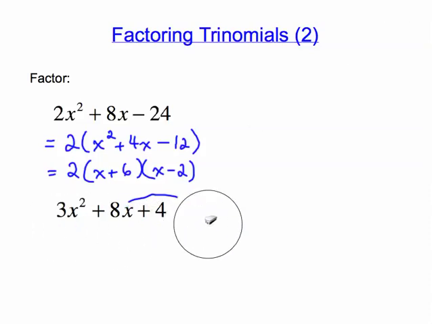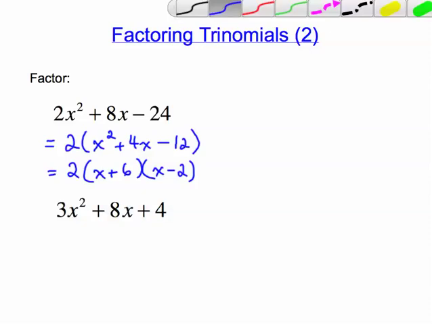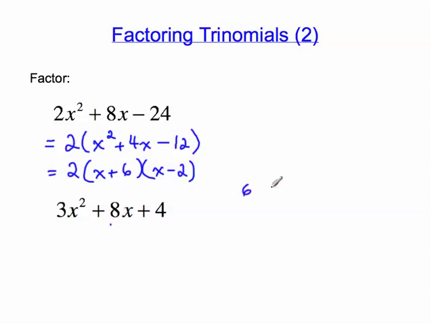I'm just going to erase these to give myself some space to work here. So multiply to 12 and add to 8. Those two numbers are 6 and 2, both positive. Now we're going to split this middle term up using the numbers we just thought of, 6 and 2, and write positive 8x as positive 6x plus 2x.